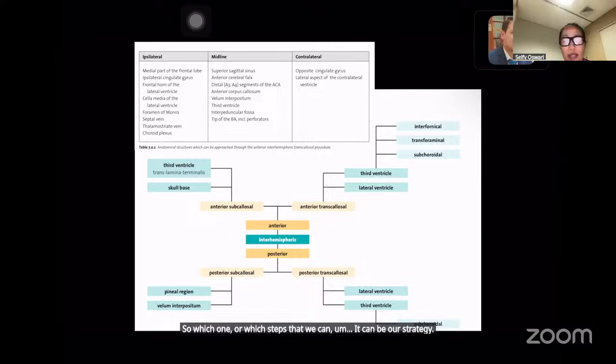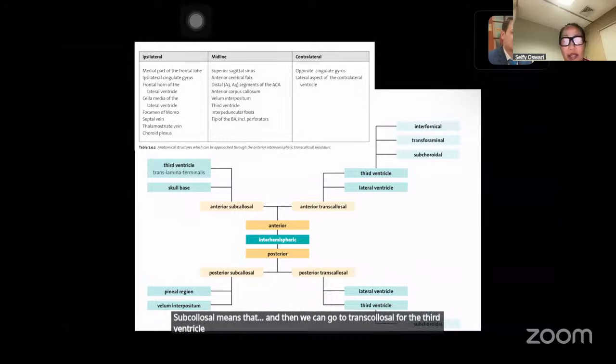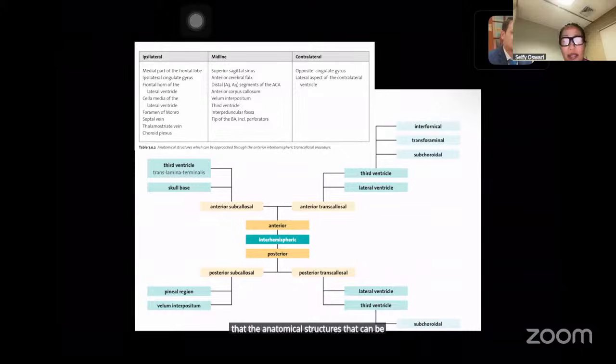If it's in the anterior part, we will choose anterior interhemispheric, and then we can go either subcallosal or anterior transcallosal. Subcallosal means that, and then we can go transcallosal for the third ventricle. To approach the central area, we can go interfornicial, transforaminal, or subchoroidal.